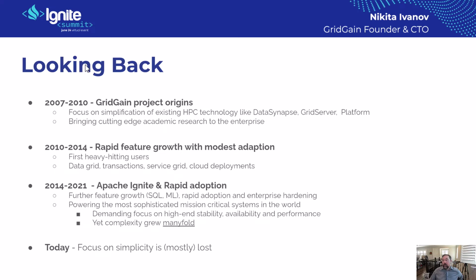The project has grown tremendously. Today, Ignite technology powers the most demanding high-end systems in the world, from banks to manufacturing to all kinds of use cases. Complexity grew many times. And quite clearly today, Ignite has that unfortunate tinge about it that this is a fairly complex project to use.